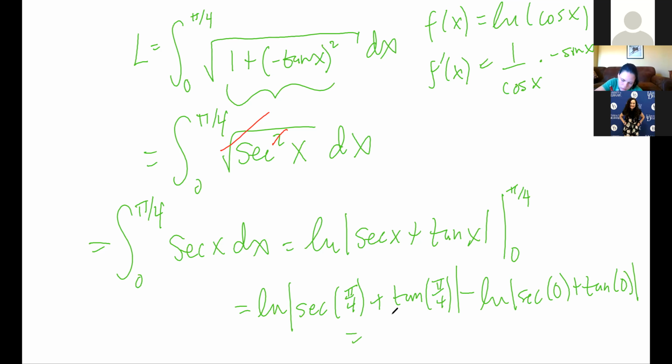And whatever those values come out to be. Root 2 plus 1. What's that? For secant pi over 4, it's root 2, and it's going to be plus 1 for tan pi over 4. So it's going to be ln of root 2 plus 1. Is that what you said? Yep. And then tan of 0 is going to be 0, and secant 0 is 1.